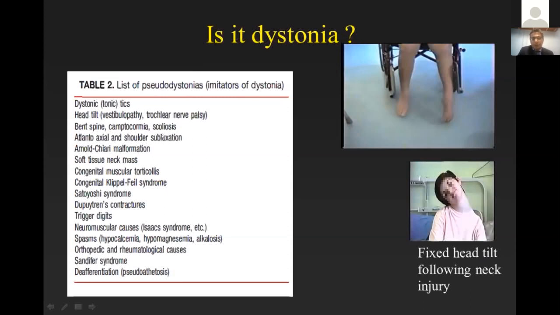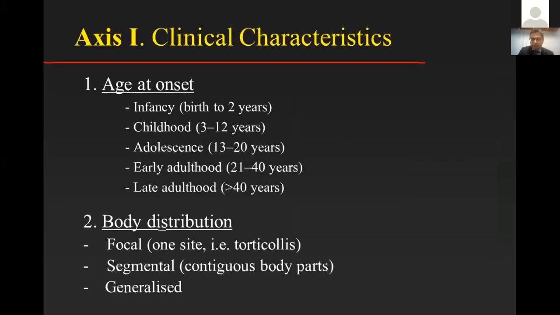So you've got to be aware of these other causes, which may be muscular or skeletal, which lead to a fixed posture quite often, and that's not dystonia. So this lady, for example, has a fixed head tilt following a neck injury. So not everything you see with an abnormal posture is dystonia, and we have a list in this particular paper listing the pseudodystonias which you should be aware of.